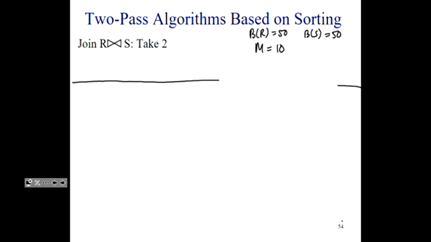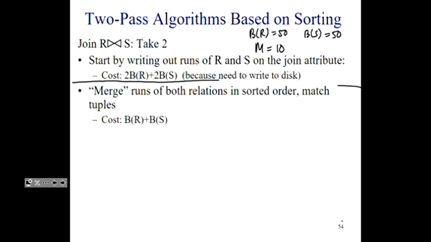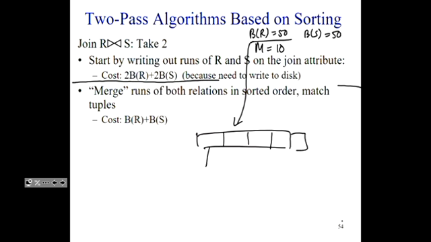So in this second algorithm, I'm going to take B(R). I have 50 blocks of R, group them into groups of 10 each, and then sort them: bring them into memory, sort them, write them out. So I have these groups of blocks from R. There are 5 such sorted groups written out to disk.